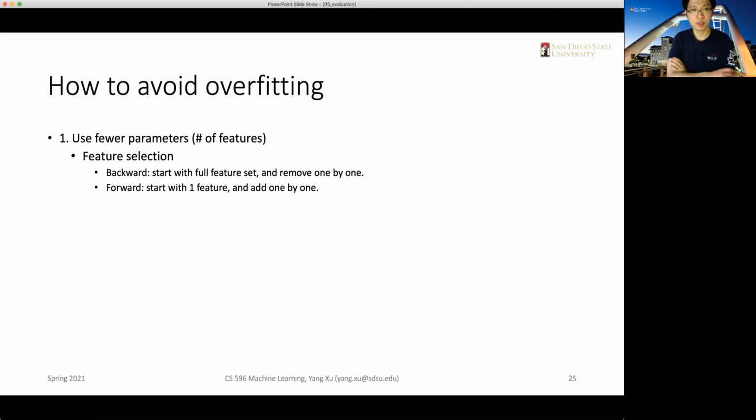For example, in the backward style, we start with all the features we have and train a model, then we remove one feature and train a second model, remove two features, train a third model, and we compare the performance of all the models. The forward style is the other way around. We start with one feature and gradually add features into the model. The process can be very lengthy because it takes a long time when you have a lot of features. But it's worth trying if you do not have that many features.